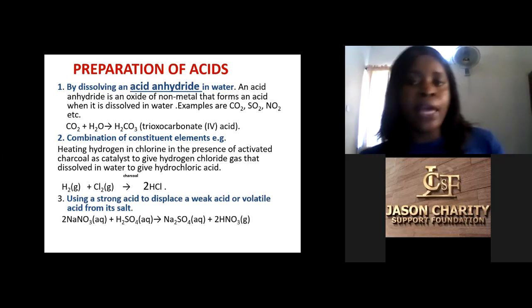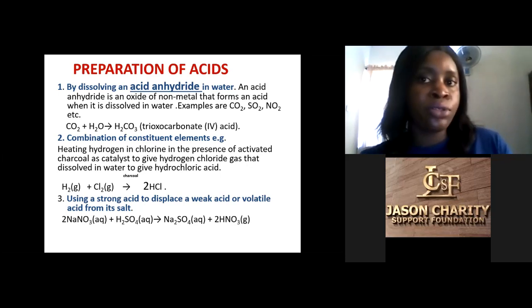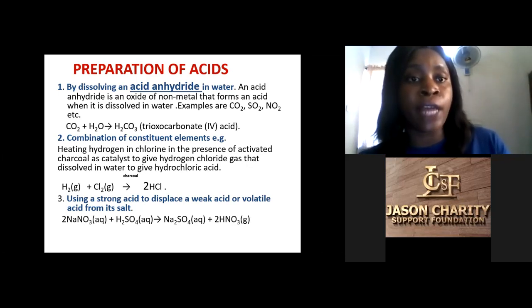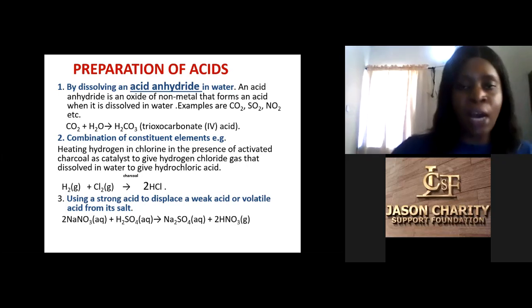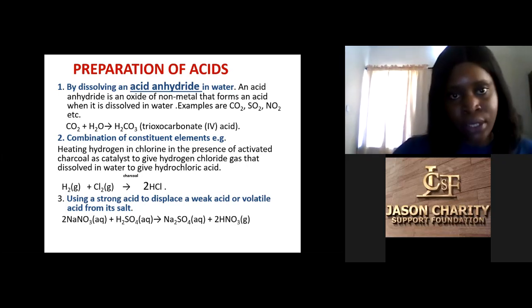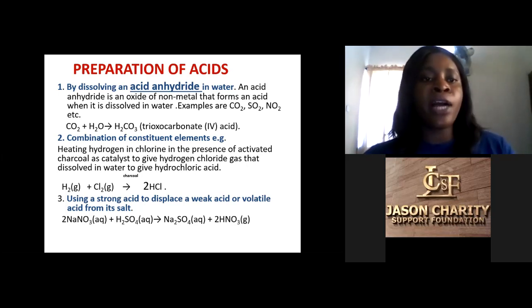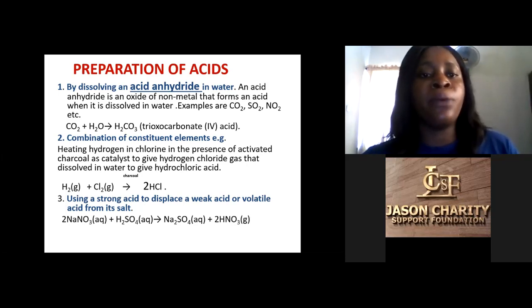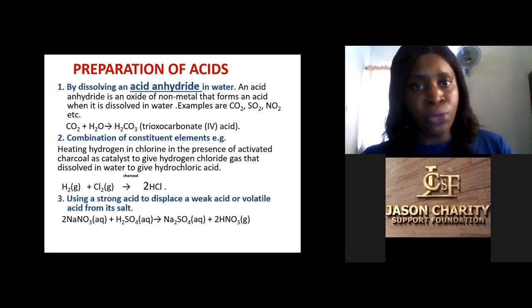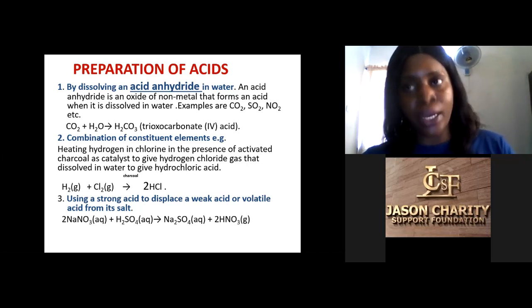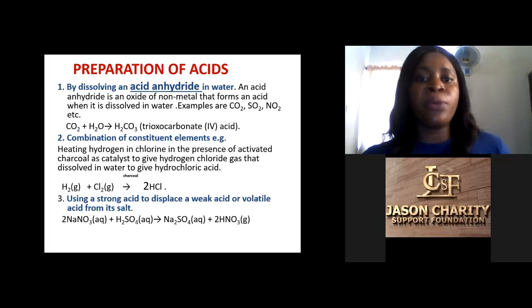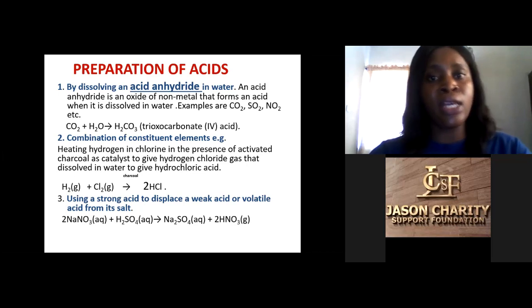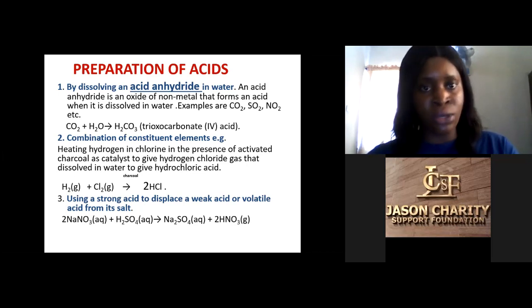So oxides of elements such as carbon, sulfur, nitrogen, they are what? Acid anhydrides. As you can see, when carbon 4 oxide is dissolved in water, it produces a carbonic acid, which is known as trioxocarbonate 4 acid. And trioxocarbonate 4 acid happens to be a weak acid. It is not a strong acid.